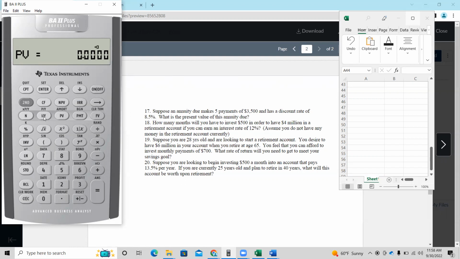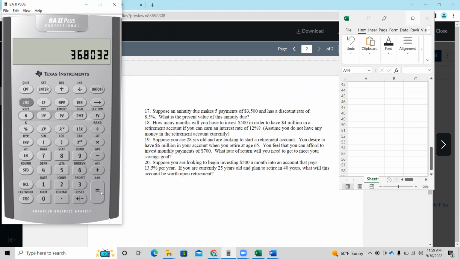To get that into a monthly rate, I'm going to take 12 divided by 12, which is equal to 1% per month. And I compute the number of time periods, which is going to give me the number of months that I have to invest $500 in to reach my savings goal. That's 441 months. If I divide that number by 12, I get 36.8 years. Okay.